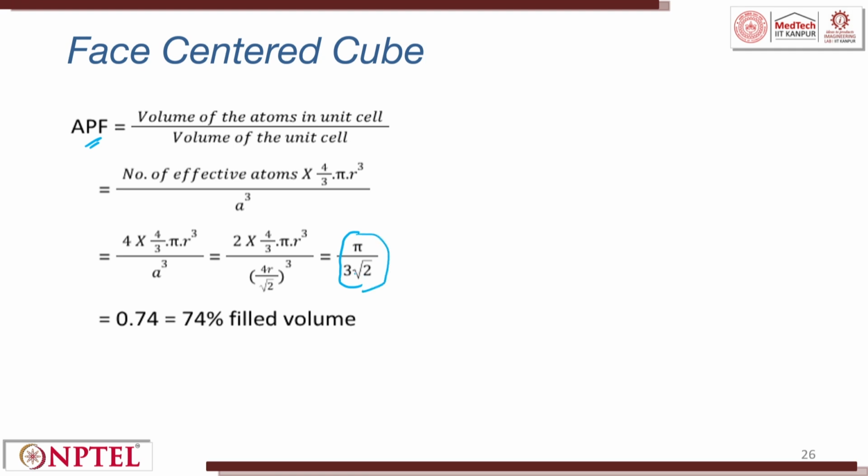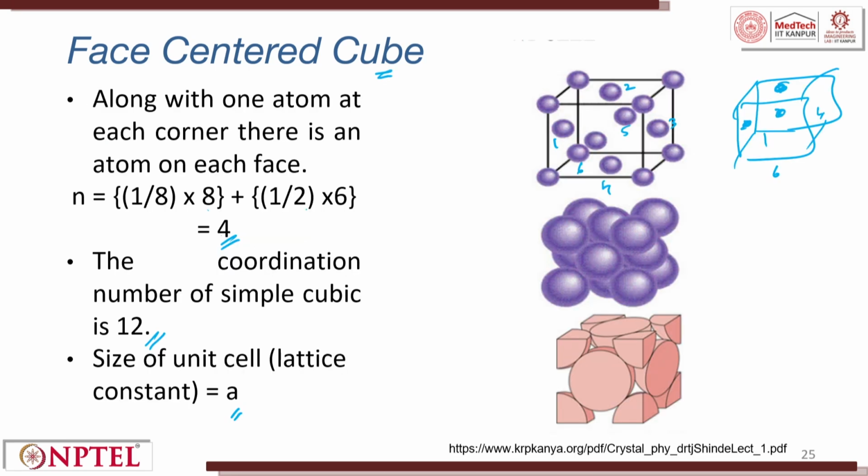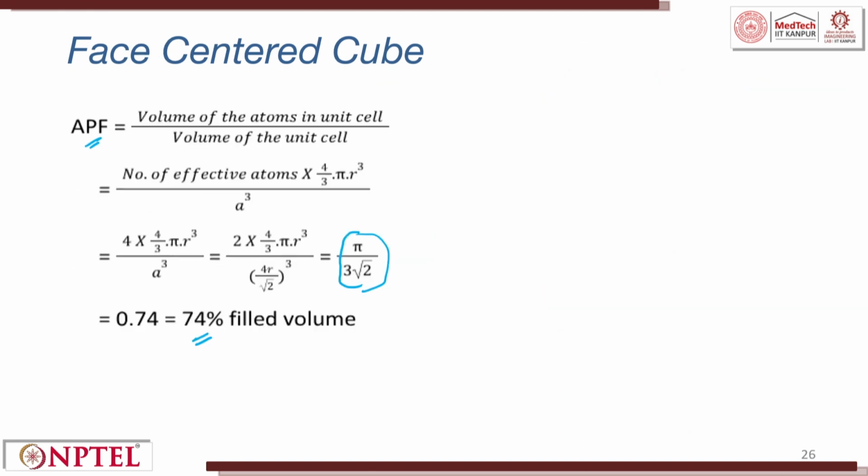So now the filling factor is 74%. When we look into it, simple cubic is 52, BCC is 68 and here it is 74. With this you can try to give some assessment about the material.